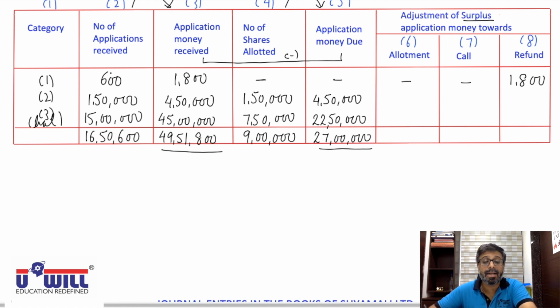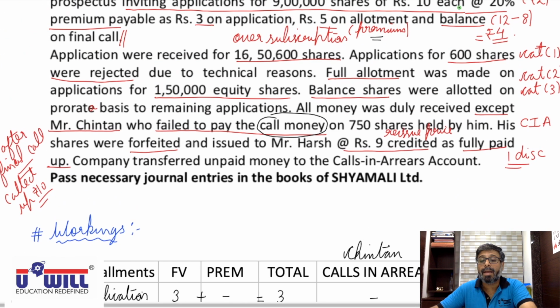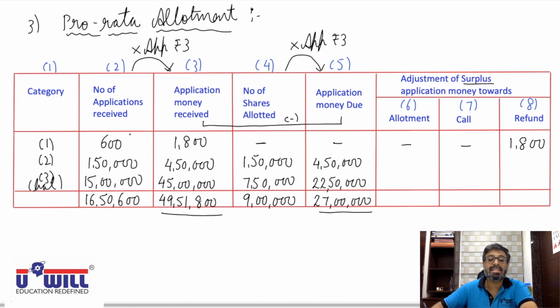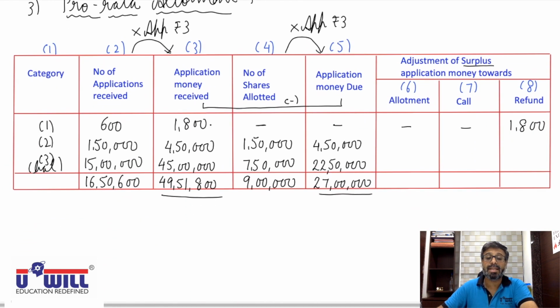Those who are rejected, you cannot adjust anything with allotment and call because they are not allotted the shares. So rejected category is 1800 rupees, we have to entirely refund. I hope everyone is clear with this. You can see here applications for 600 shares were rejected. So this 600 shares application money received 1800 is to be completely refunded.